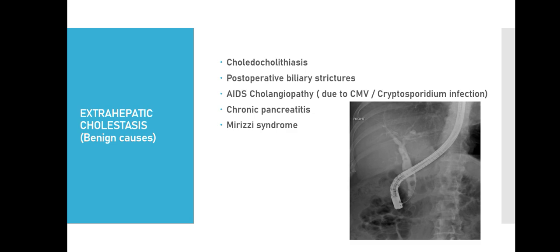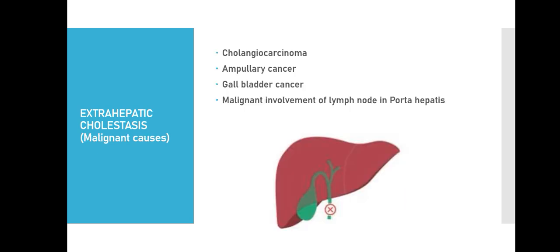It is secondary to cytomegalovirus or cryptosporidium infection. Chronic pancreatitis, Mirizzi syndrome. Mirizzi syndrome is obstruction of common bile duct secondary to impaction of gallstone in gallbladder. Malignant causes, we have cholangiocarcinoma, ampullary cancer, gallbladder cancer, malignant involvement of lymph nodes in porta hepatis.